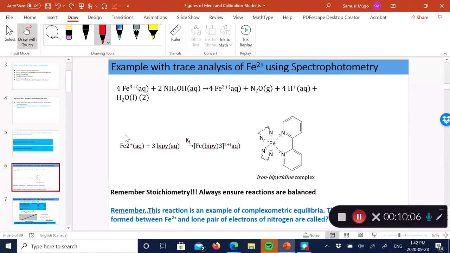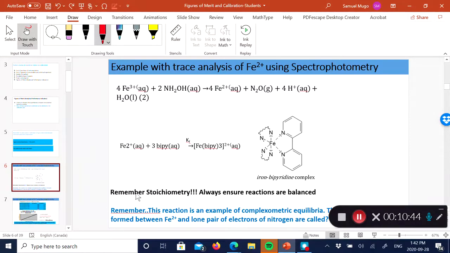After you get the iron with the oxidation state of 2+, now you can react it with a chromophore that you refer to as bipyridine, to form an iron bipyridine complex. It's important to remember the type of chemistry that this is. This is what you call complexometric chemistry. Later on, I'm going to highlight different types of chemistries in the form of their equilibria, which you guys sort of covered in Chem 1 or 2, but I'm going to remind you again.